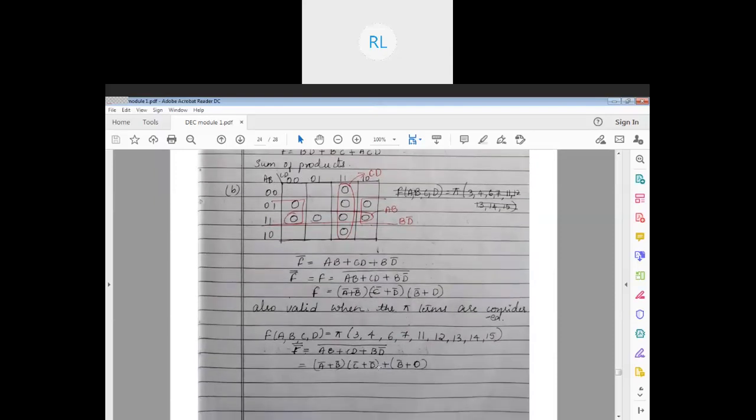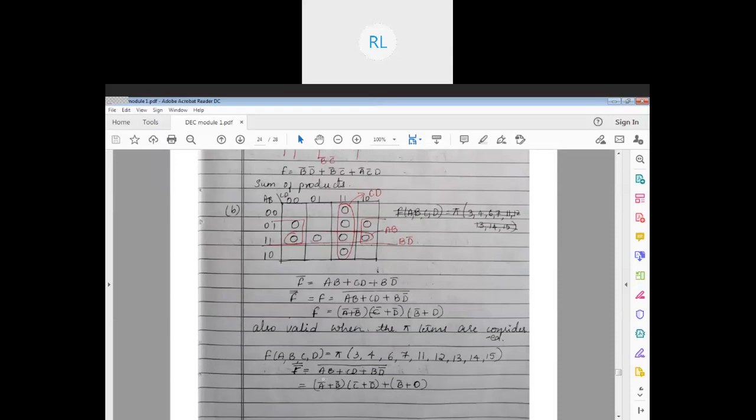Since it is your POS format, which means it is the opposite of SOP, I put a bar, I get this equation. Any doubt, students? See here, AB, CD, BD bar, right? So the same thing we are putting here, and since I want it in POS form, I will have to put a bar. So if I put a bar, I will get it in POS form, product of sum terms. Is that clear, students?